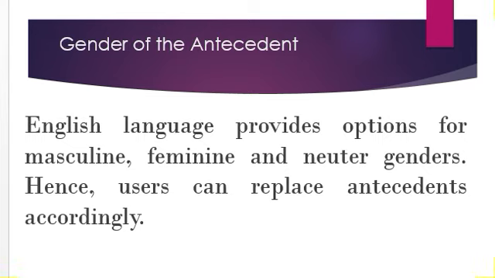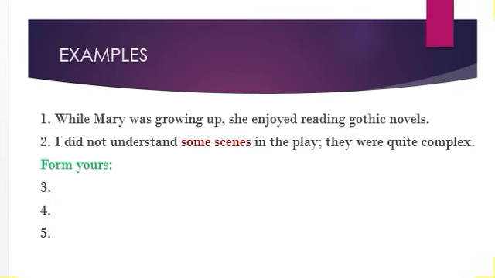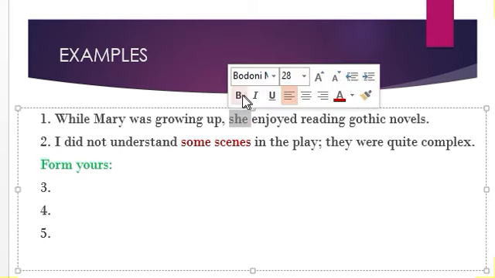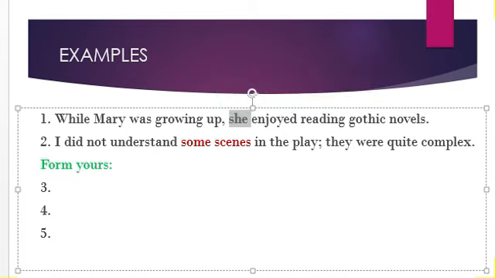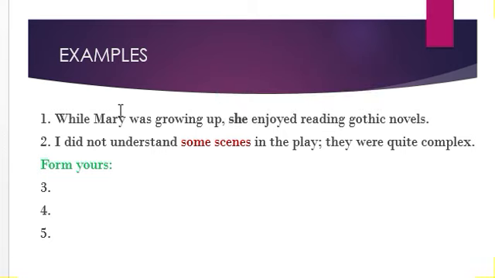So let's see examples. While Mary was growing up, she enjoyed reading Gothic novels. She is used here to replace Mary because Mary is singular, that's the first parameter, and two, Mary is a female. So that's why you have she there. Now look at this. I now understand some scenes in the play.